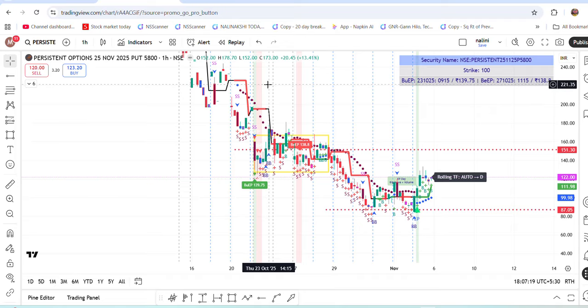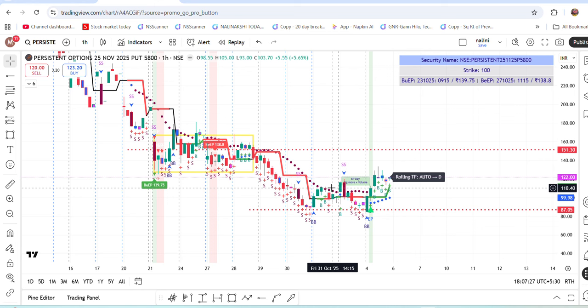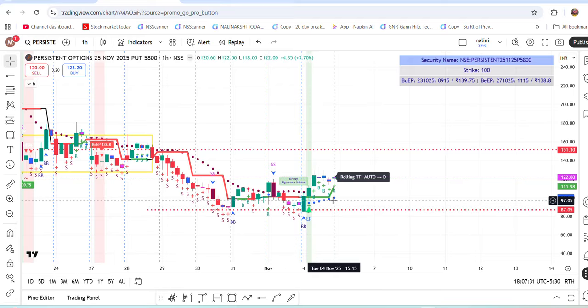It may even go up to 221. This is the persistent system. So you can keep it in your watch list with my rolling pivot reversal magic indicator. The trend has changed. The trend has flipped over here to bullish.